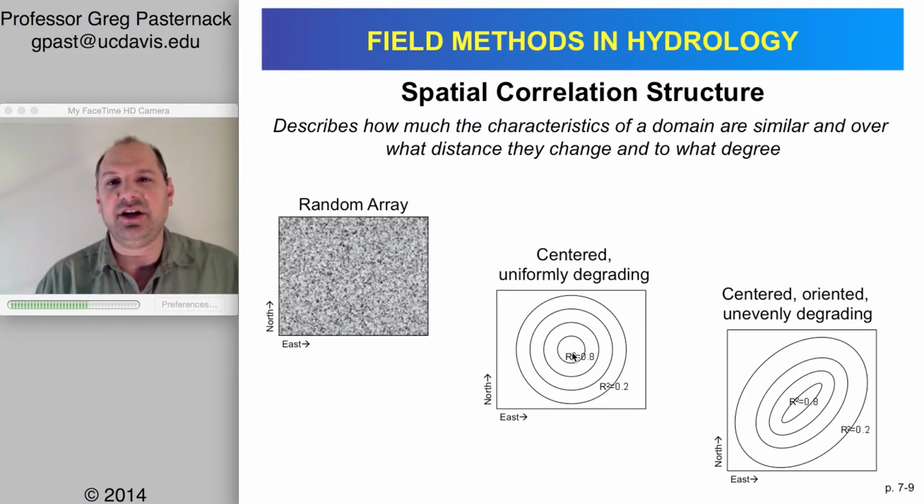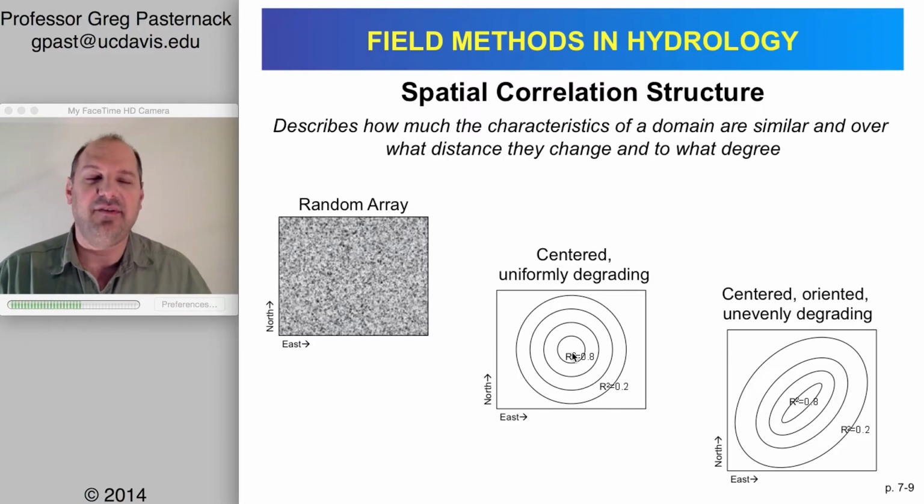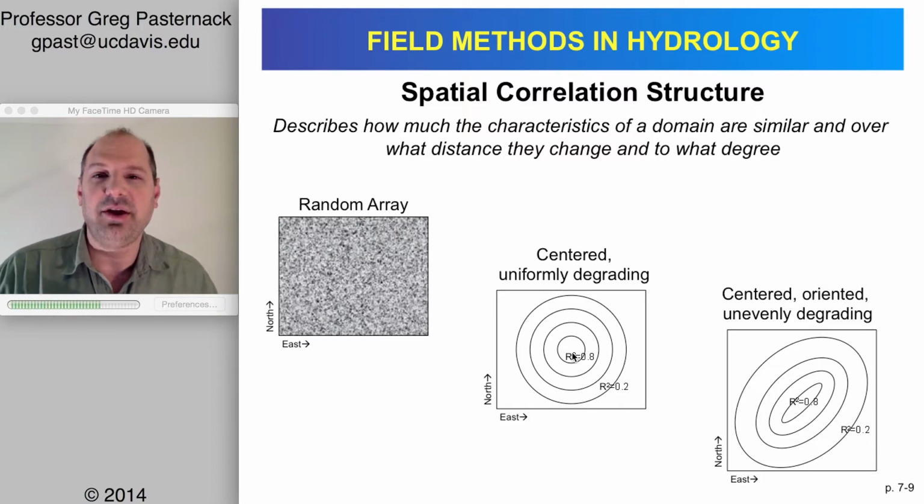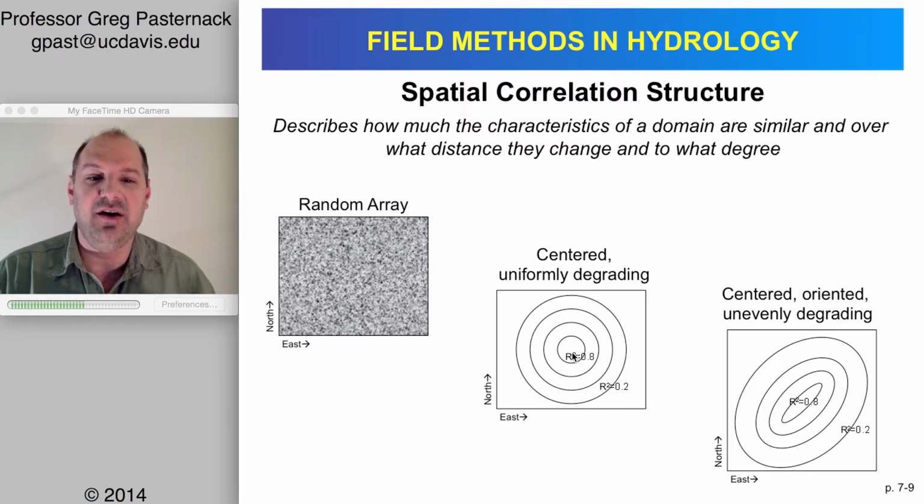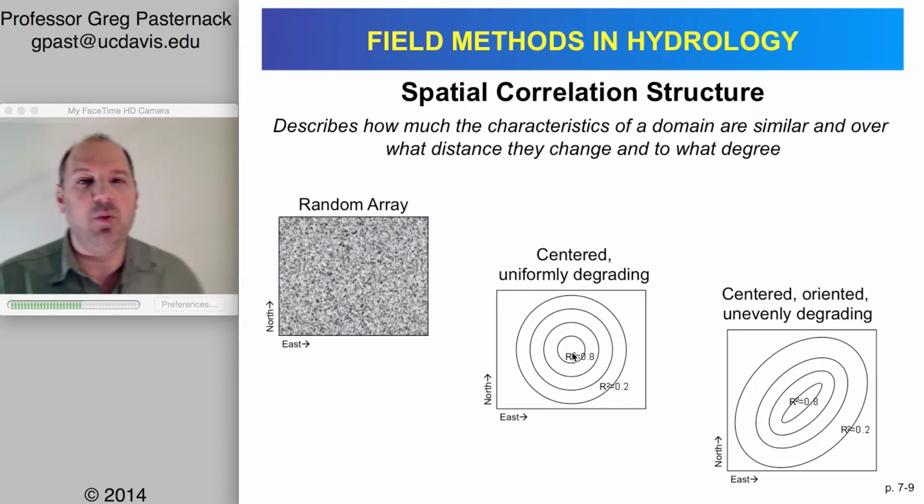Remember, correlation is a measure of how similar two things are, or for the variable that you're choosing, how predictive one is of the other. They may not be one-to-one the same, but they're at least predictive of the other.